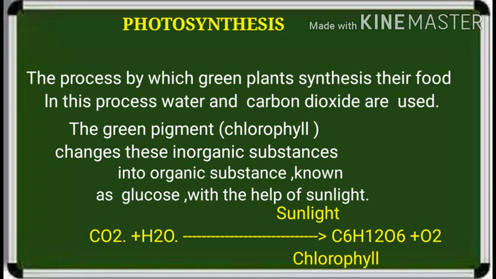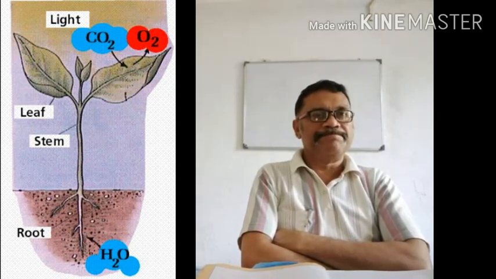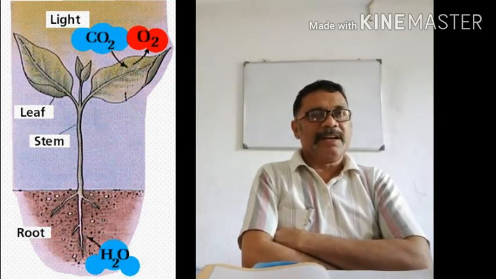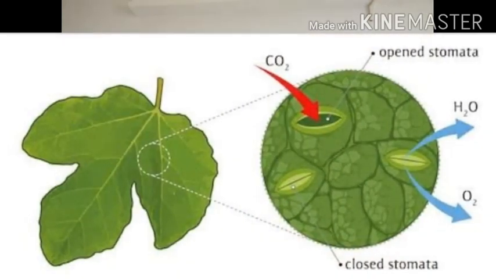This is the process. Now, plants take carbon dioxide from the air, and carbon dioxide enters into the leaves through the stomata. The question is, what are stomata? Stomata are the openings on the surface of the leaves.